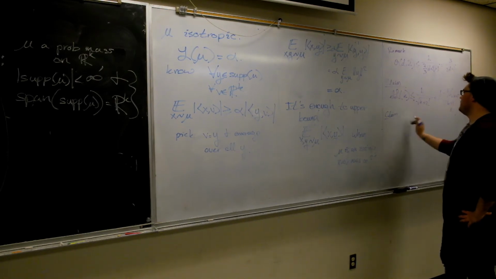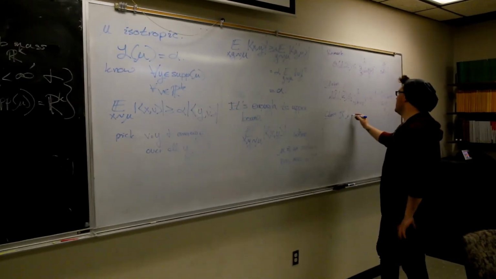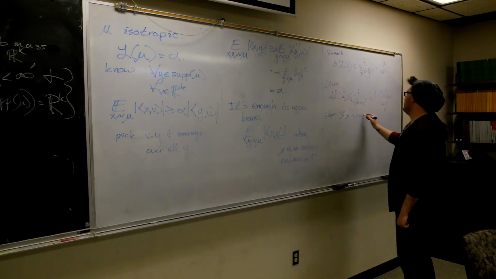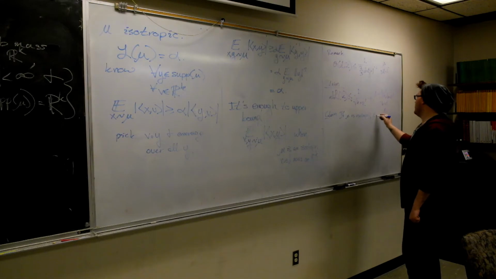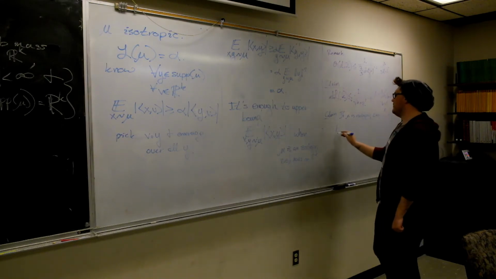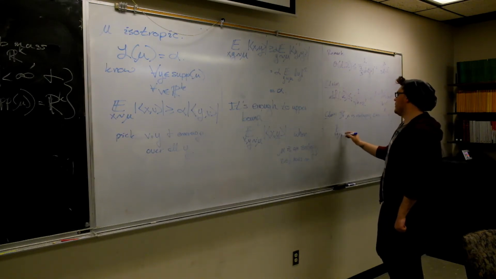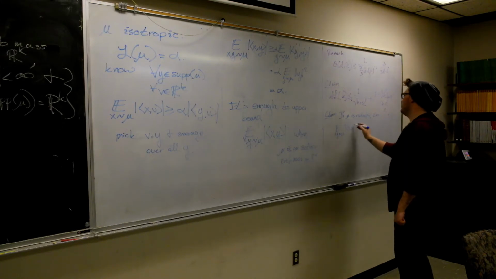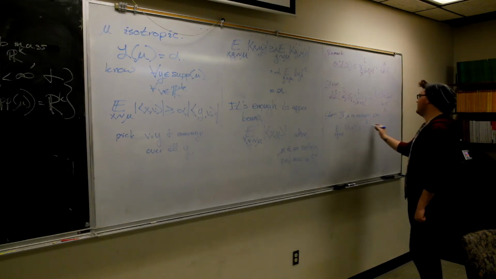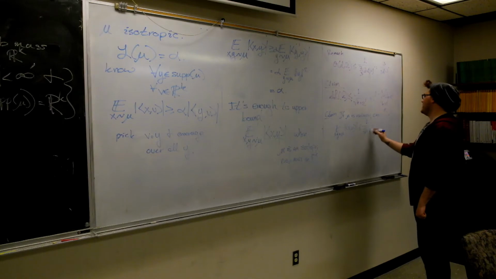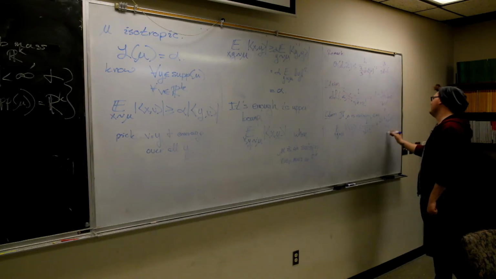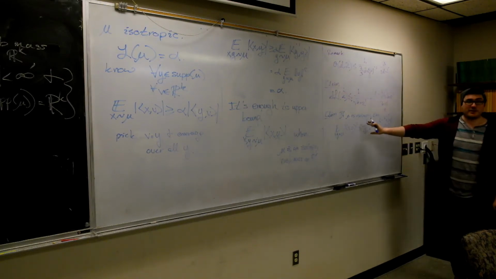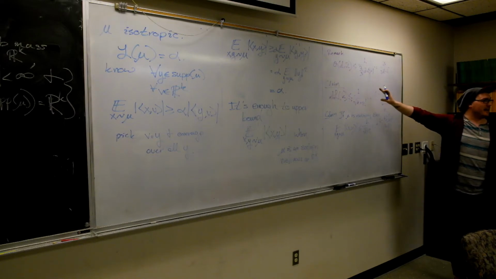The claim is, if mu is isotropic, then the expected value of all possible pairwise inner products is at most 1 over the square root of k plus 2. Which, as we just argued, will give the same bound on SL of k.